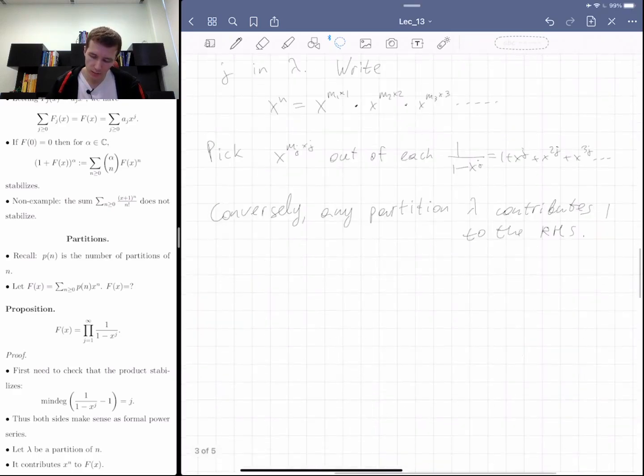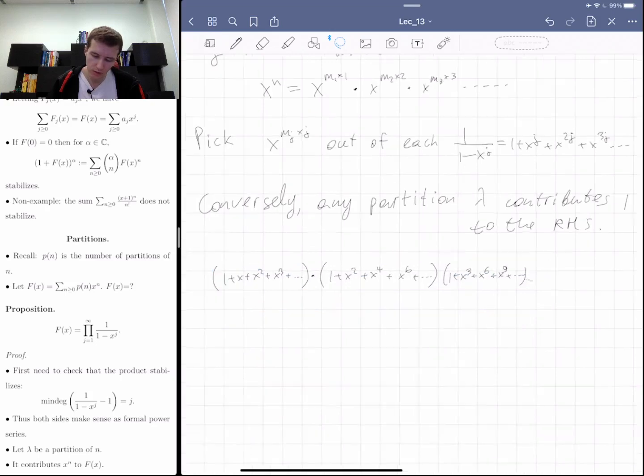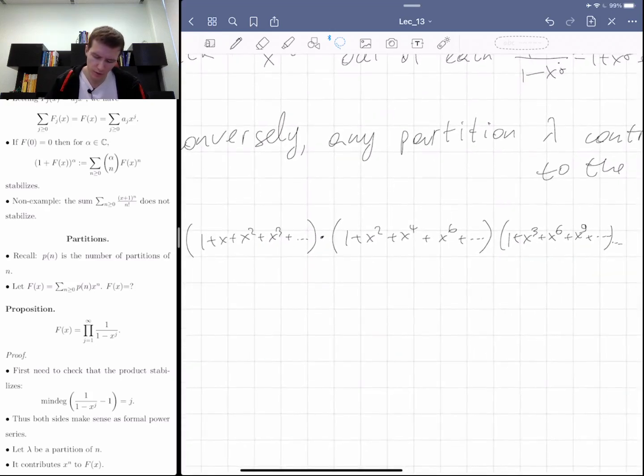Let's say you tell me to pick some term out of each infinite sum here. So maybe you pick x squared, and 1, and x to the 9. Then I can say what that lambda is. First of all, in the first term j is equal to 1, here j is equal to 2, and j is equal to 3.